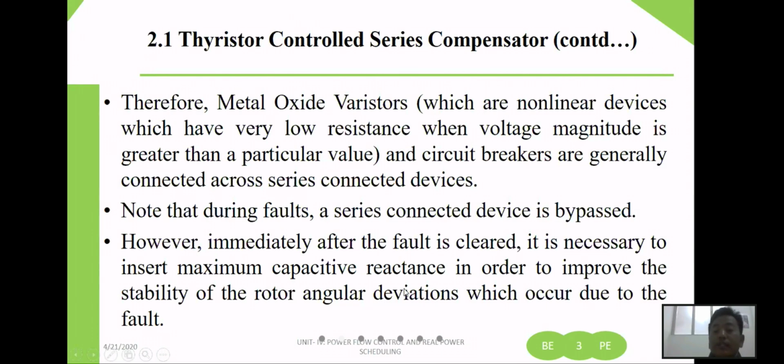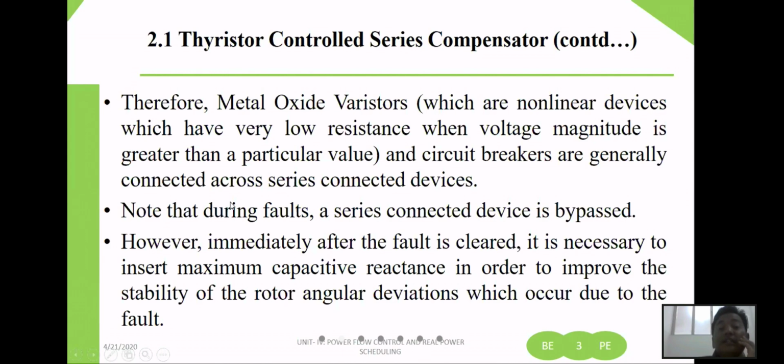Which means you have to know that the series compensator has to bypass during the fault, and immediately after the fault is cleared, it is necessary to insert the maximum capacitance in order to improve the stability of rotor angle deviation which occurs due to the fault.